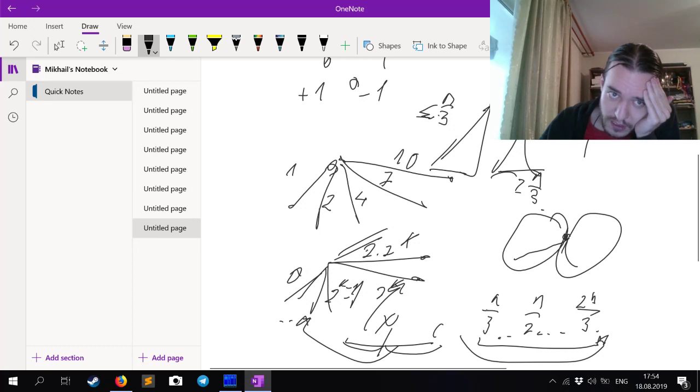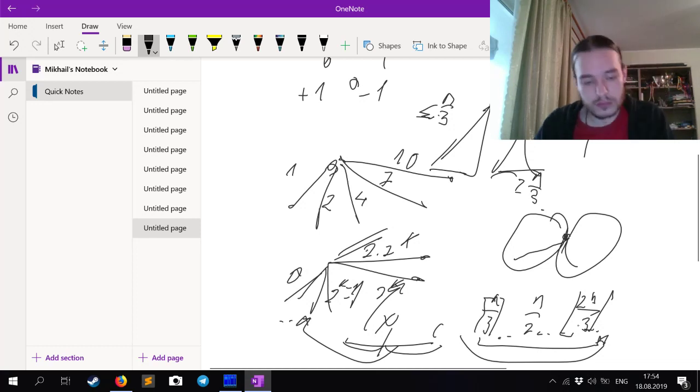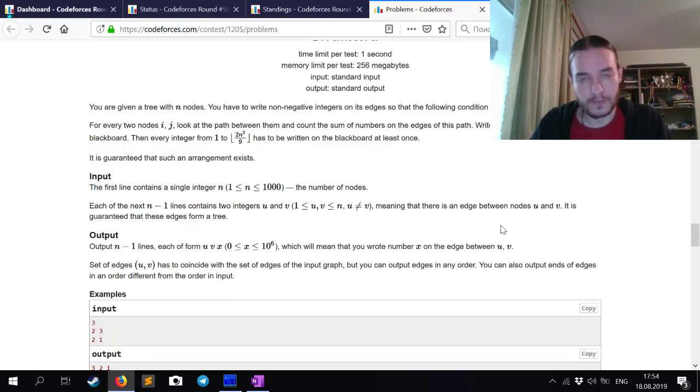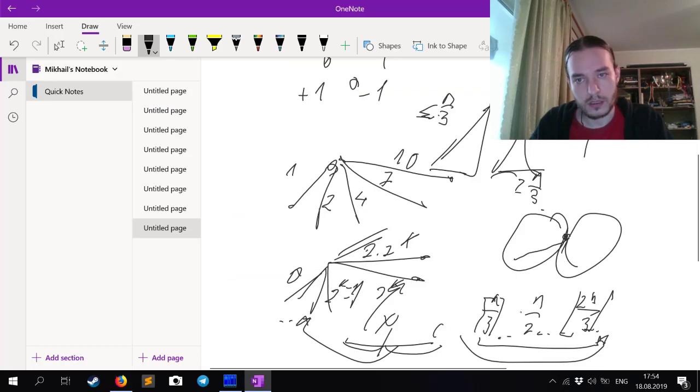We want our subtree to be, I guess, following this gap, right? And now we should be fine. I think so.